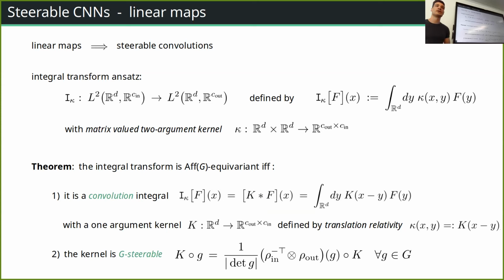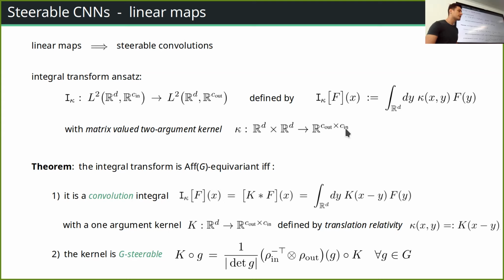So the most important operation are convolutions, and we can derive them as a linear map, which you could, for instance, model as an integral transform, like here. This integral transform would compute an output feature vector at position x by integrating over the whole space and accumulating the input feature vectors at all positions y, with this kernel k of x,y, which takes these 2 points x and y, and to each point associates a matrix.